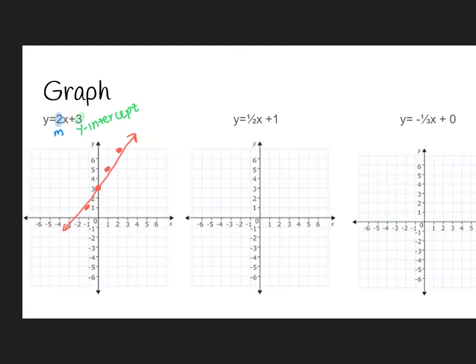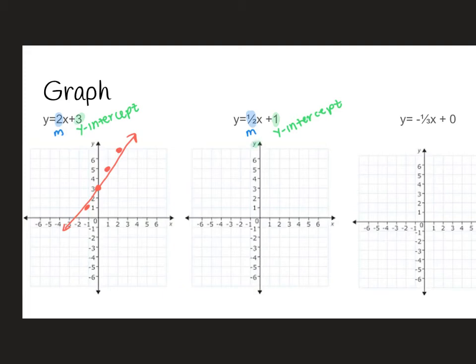Let's do the next one. We've got y equals 1/2 x, that's m, plus 1. That is the y-intercept. It crosses the y-axis.